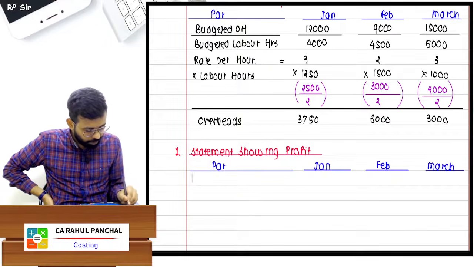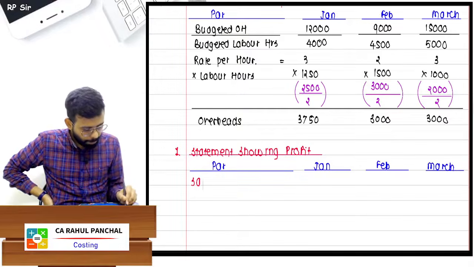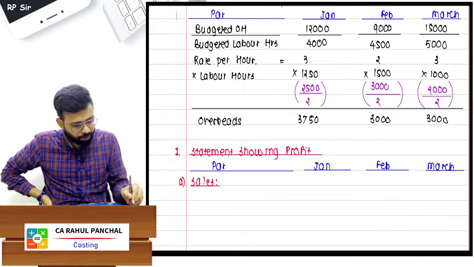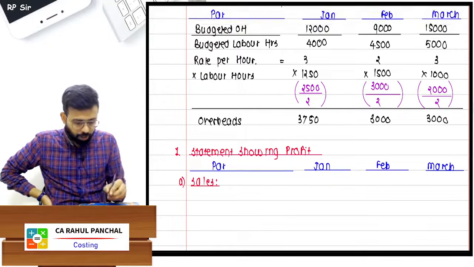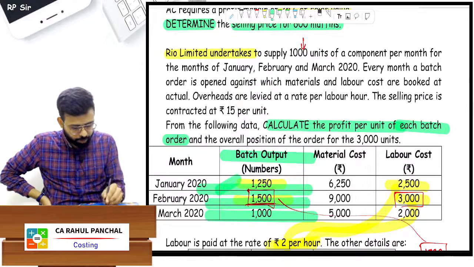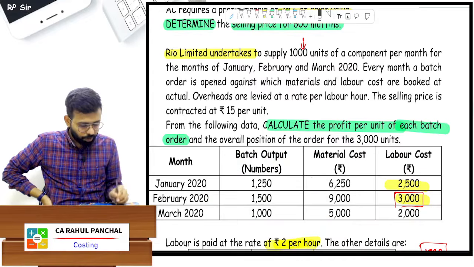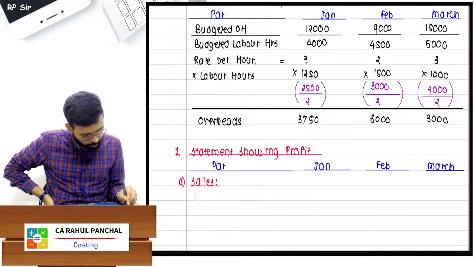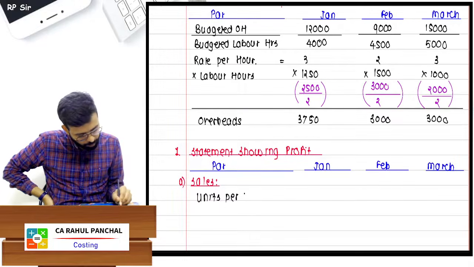So first let us calculate the sales as A. How will you calculate sales? It is very simple. In every month, how many units are produced in one batch? So 1250, 1500 and 1000 units. Units per batch into the selling price, you will get total sales.